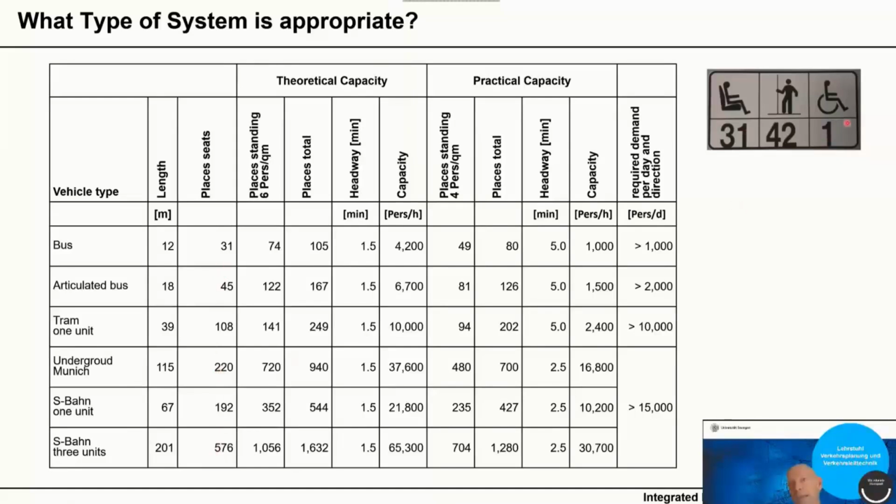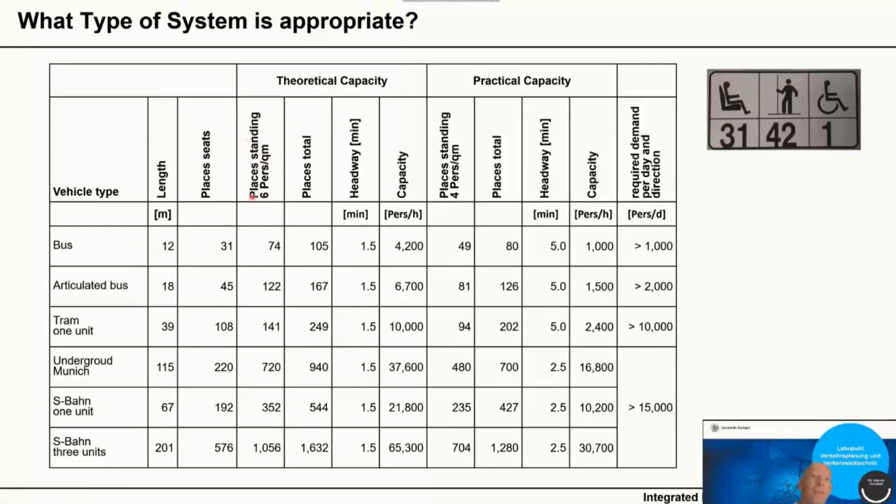Next time you travel by bus, look and check how many places this bus offers. And it may also differ between urban buses where we have more standing possibilities and regional buses where we have more seats.